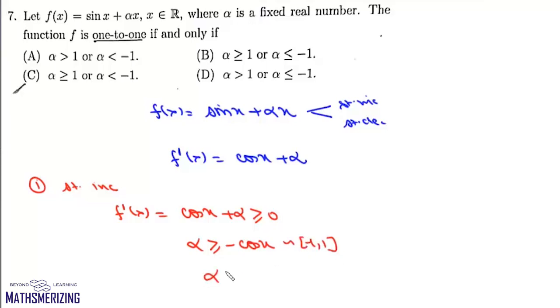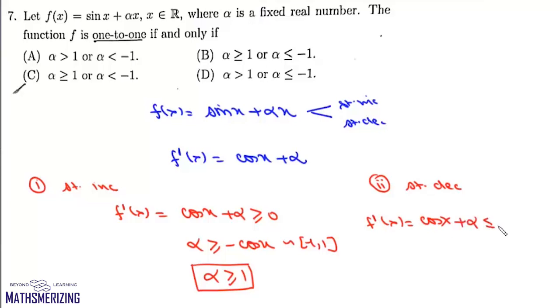So in this case, alpha should be greater than or equal to 1. And in the second case, when it is strictly decreasing, we'll get f dash x as cos x plus alpha less than or equal to 0, so alpha is less than or equal to minus cos x, which again is from -1 to +1, we'll get alpha should be less than or equal to -1.